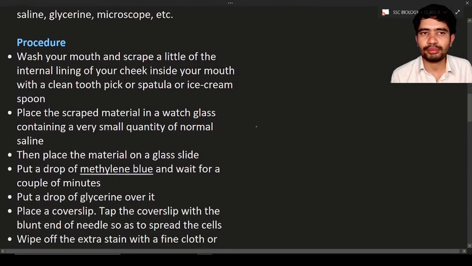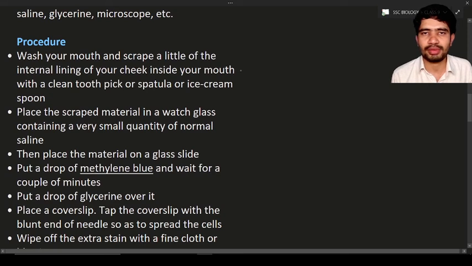Now the procedure, that is, the method: how we have to do the experiment. First we have to wash our mouth, so that any food particles are eliminated. Then take the spoon or spatula or ice cream spoon and scrape, which means apply a little pressure and drag outside.